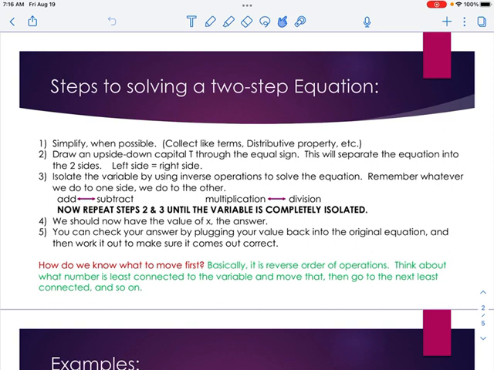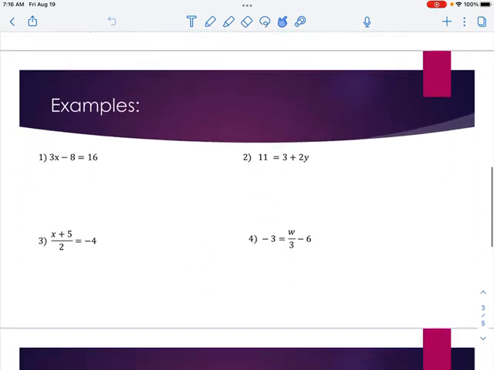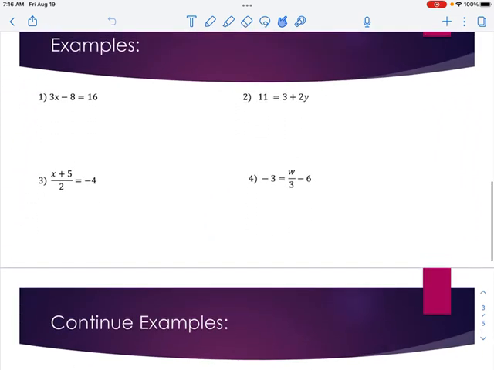Another way to think of it is you're looking for what is least connected to the variable. Not necessarily furthest away, but the least connected mathematically to that variable, okay? So let's try a couple, and I think you'll really catch on pretty quickly with this.